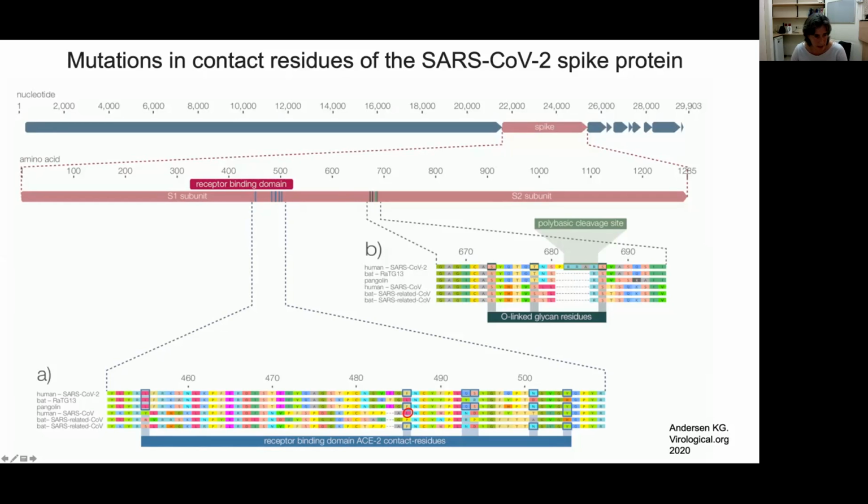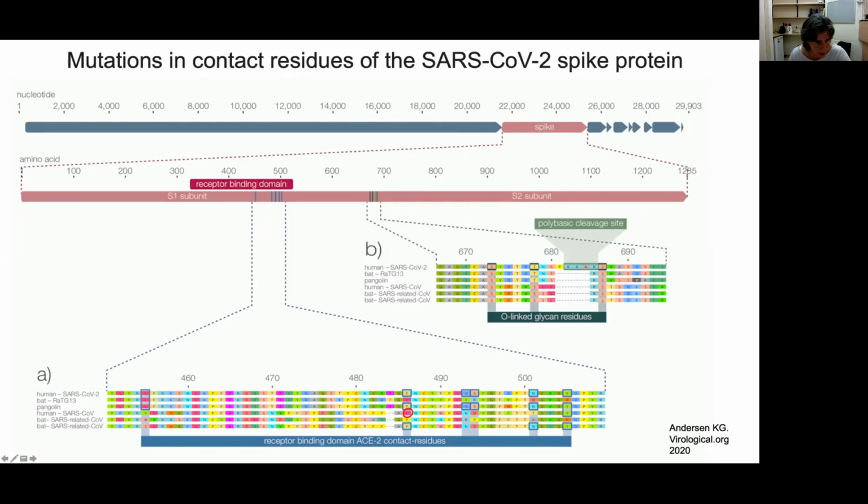As you can see, six amino acid residues were identified to mediate the binding of the current SARS virus to its receptor. These residues are labeled in these blue boxes, as you can see here.